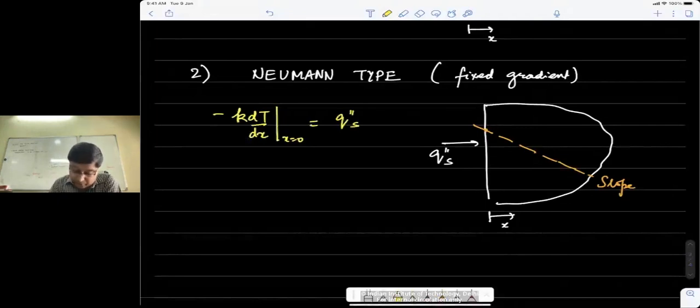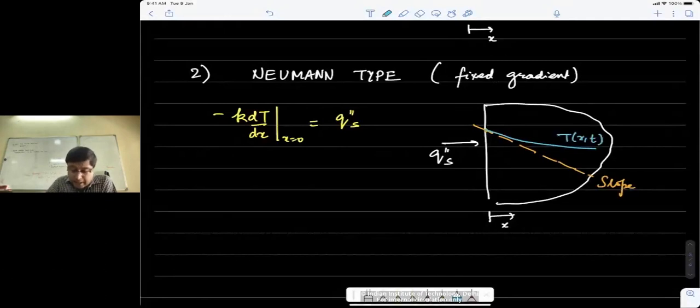So we may get a solution of temperature which would have maybe the same slope at x0, and then it goes on. So this is, let's say, T(x,t). That would be the Neumann type.